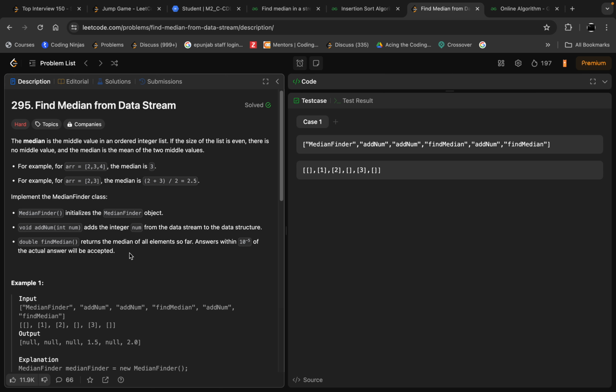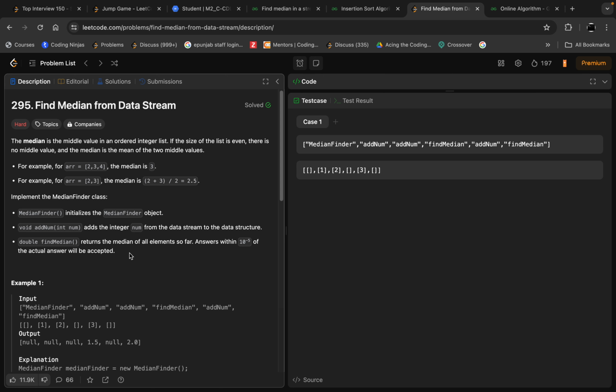So one thing for sure, we have to order the list. If the size of the list is even, there are no middle values, and the median is the mean of the two middle values. As we have already discussed, for an even length list we compute the average of the n by 2th and n by 2 plus 1th elements.